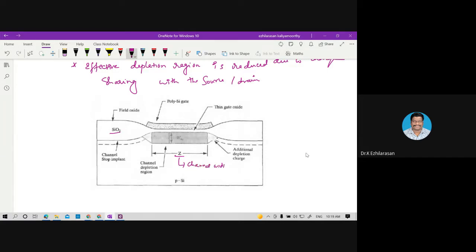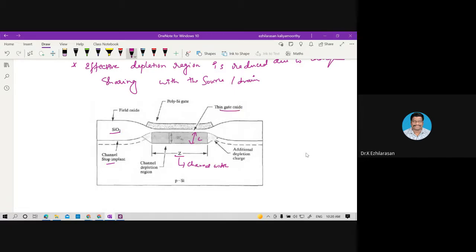So now the diagram is made in reverse, right? Okay. So this is the channel stop implant. Now you can see this will be your channel width. This will be your channel length also. This is the additional depletion charge. This will be your thin gate oxide SiO2 and polysilicon.